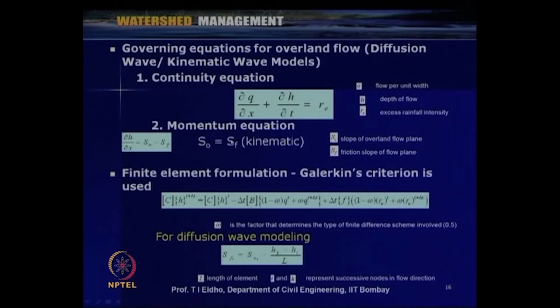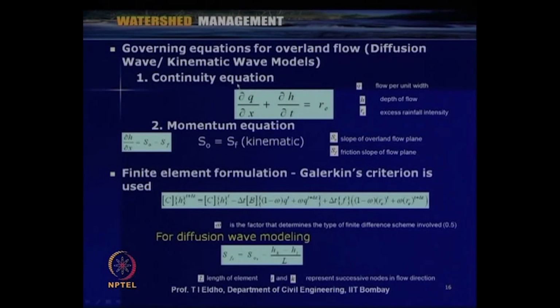When we consider the bed slope equal to the energy slope in the momentum equation, that form is called the kinematic wave form. And when we consider del h by del x equal to S0 minus Sf along with the continuity equation, that is the diffusion wave form of the Saint-Venant equations. In the model we developed, we solve these equations using the finite element method with the Galerkin criterion, which we discussed earlier in one of the previous lectures.